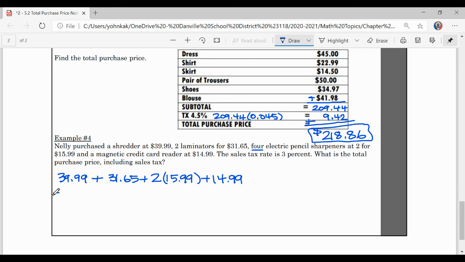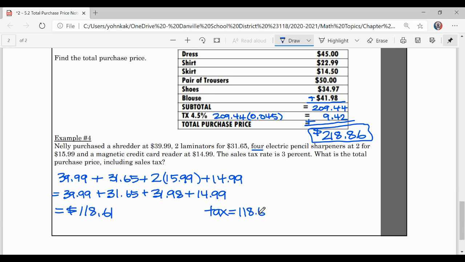Okay, so let's add all this up. We got $39.99. We got $31.65. If I do 2 times $15.99, I get $31.98 plus $14.99. So I can add all of these items together. That's going to give me $118.61. So I can find my sales tax by multiplying the 118.61 by sales tax is 3%, so 0.03.